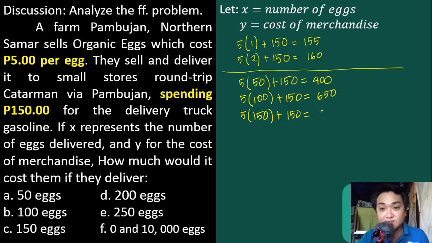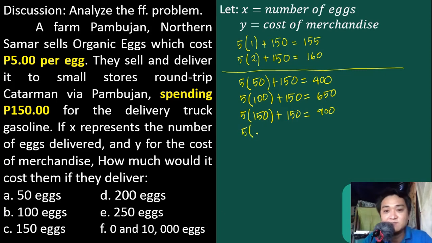That will be equivalent to 900. Double check na natin kung tama tayo. 5 times 150, 750, 850, 900. Okay. Now, let's say nag-deliver naman sila this time ng 200 eggs.